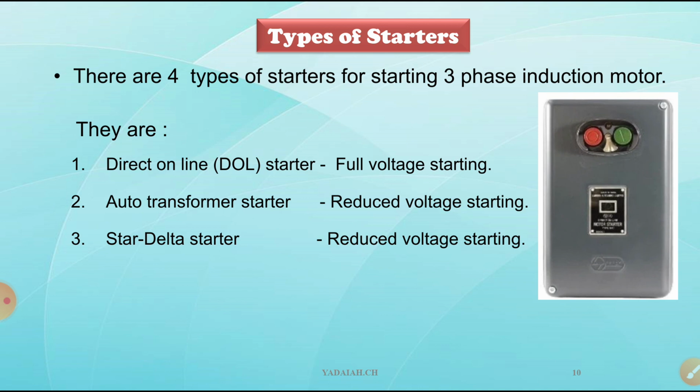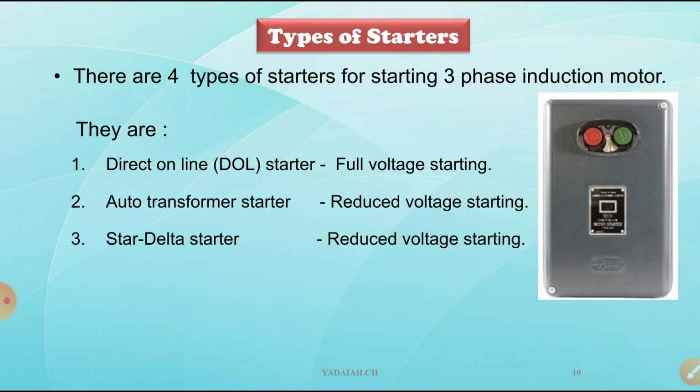How to draw the circle diagram with the help of these tests, I already explained. At that condition we operate with these types of starters. For general testing purposes we use the auto transformer for the SC and OC test, but for load tests on induction motors, we can use any of these three starters.